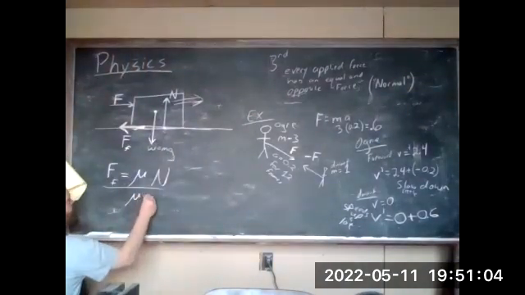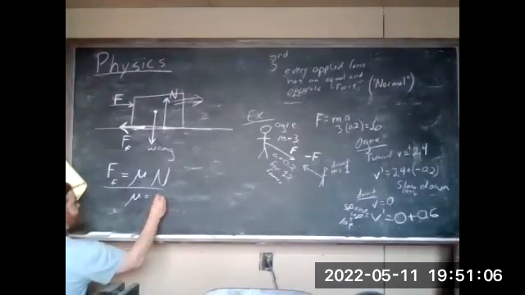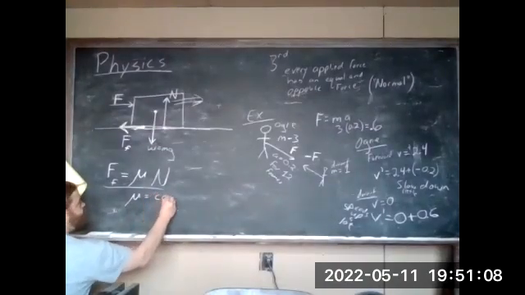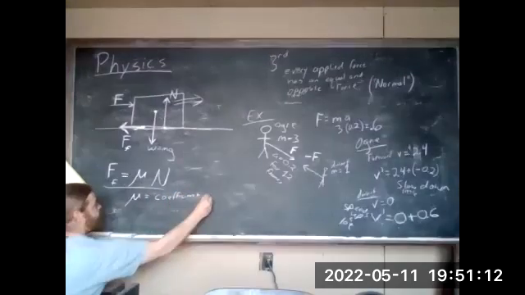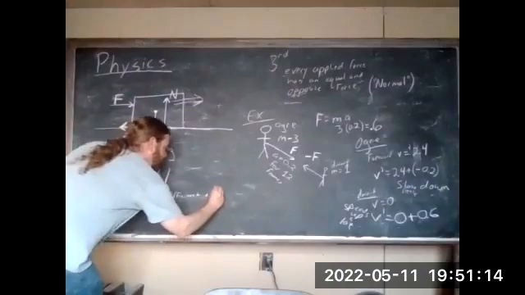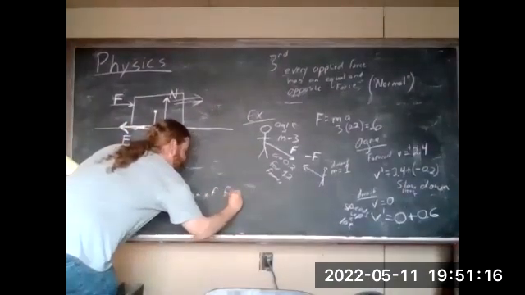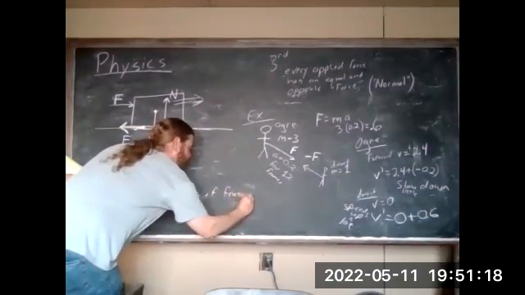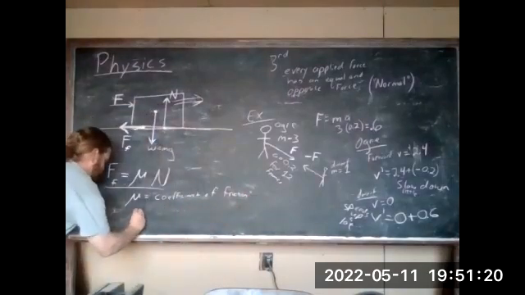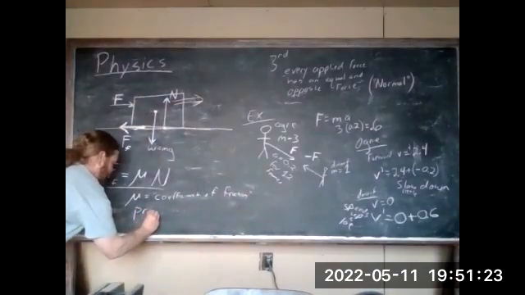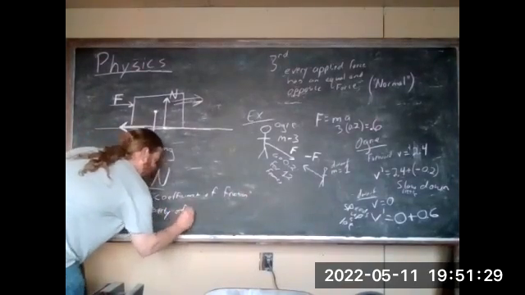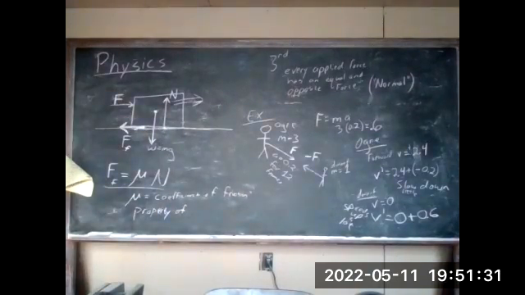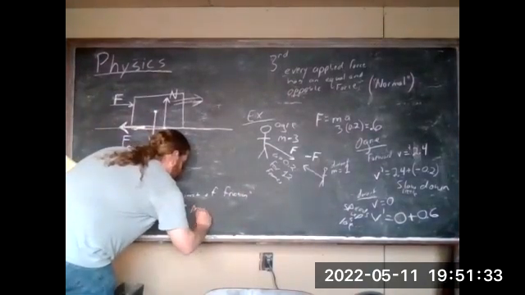It's actually called the coefficient of friction, which is a property of the material. Property of materials' roughness, I'll put it that way.